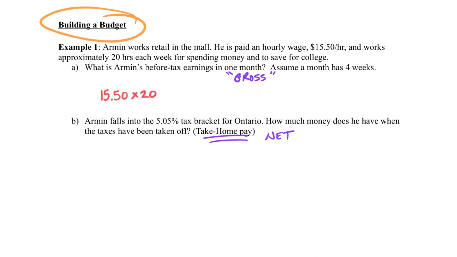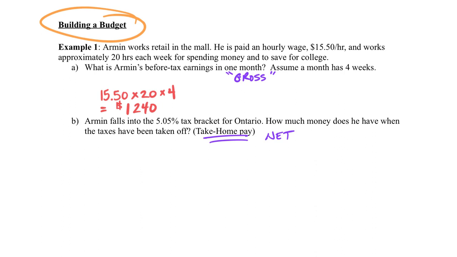I could calculate that right now to figure out, on average, how much money he makes per week, but I think I'm just going to multiply that by 4 right away to get his average monthly income. If I calculate all of that together, I'm going to find that Armin's going to make $1,240 gross. $1,240 before any taxes come off.